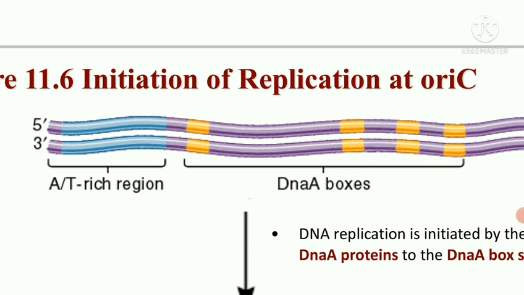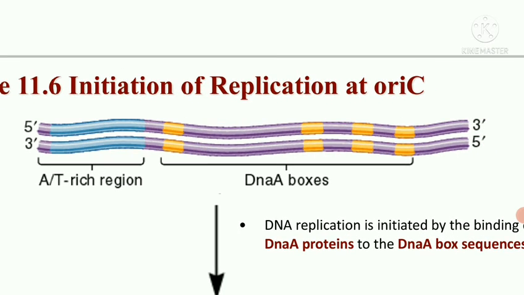That means unwinding does not start from the DnaA boxes. Unwinding starts from the AT rich region due to the topological stress caused by the DnaA protein when it binds to the DnaA boxes.